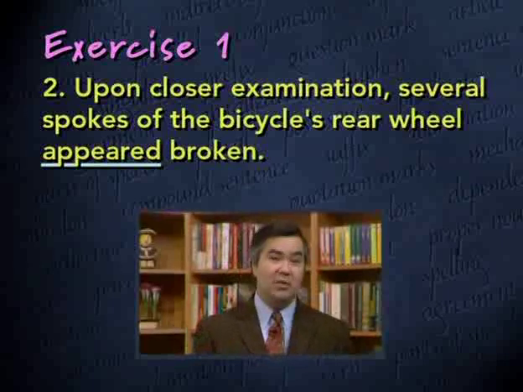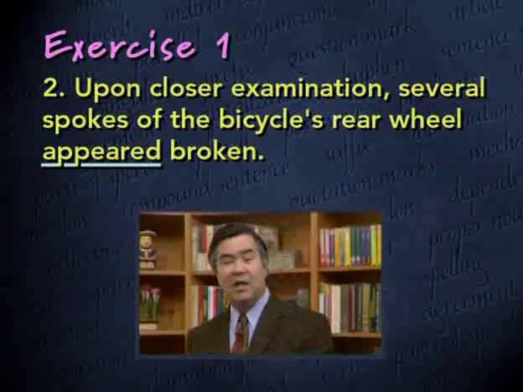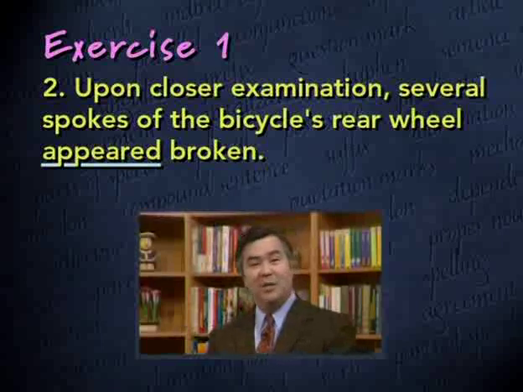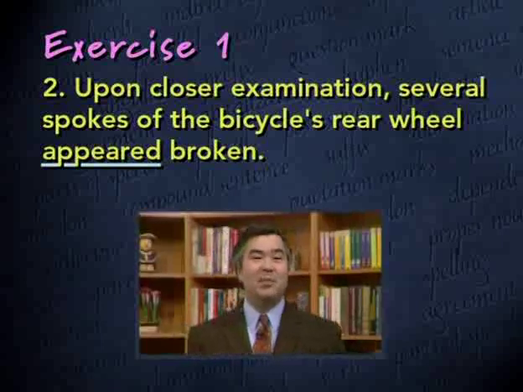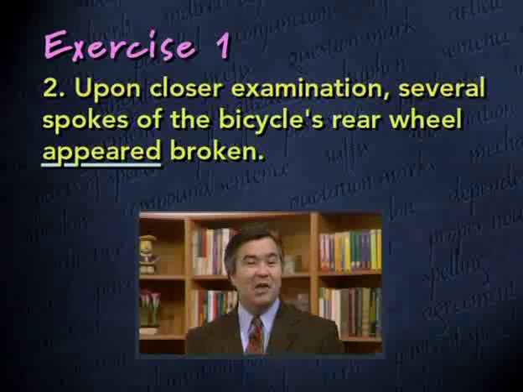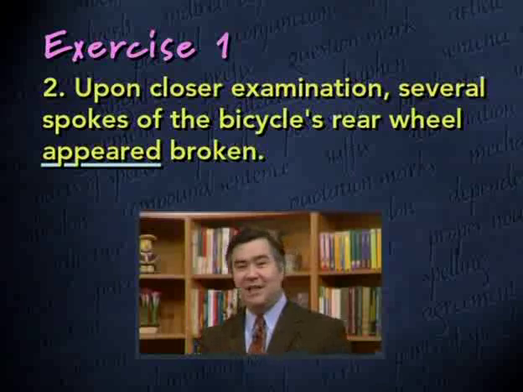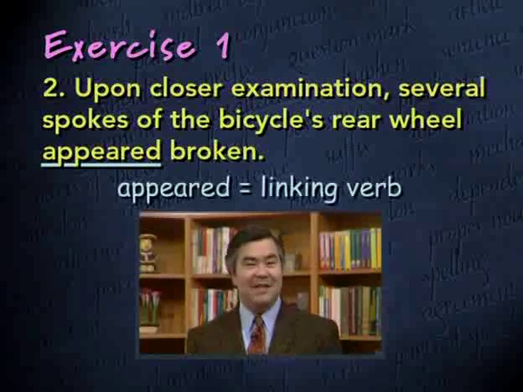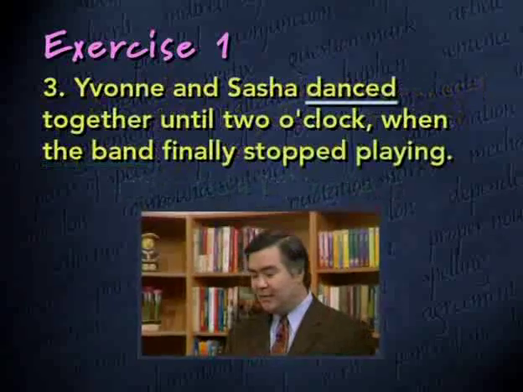The spokes, which is the subject of the verb appeared, and the word broken, which comes after the verb, those two things are being linked, and we're being told that the spokes were broken. What comes before and after the verb are being equated in this sentence, so appeared is being used as a linking verb.